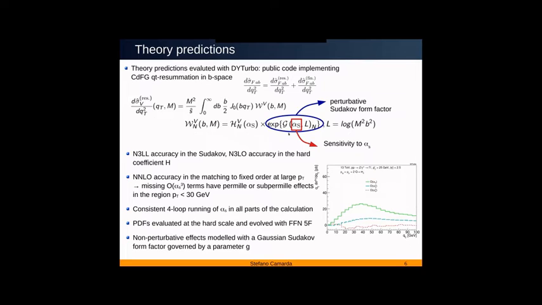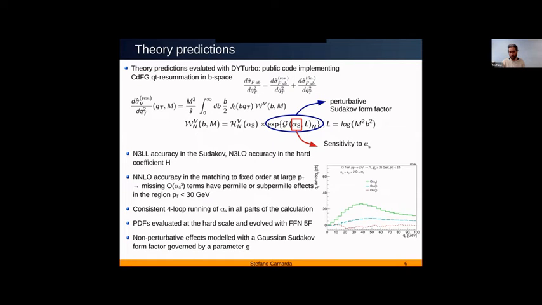Simone? Ciao Stefano, very interesting result. I have two questions. The first one is whether you have studied the dependence of the alpha_S extracted on the model you assume for the non-perturbative form factor, if you have tried anything beyond the simple Gaussian. Yes, yes. There are authors that suggest that in the very large b region, one should have an exponential form factor.